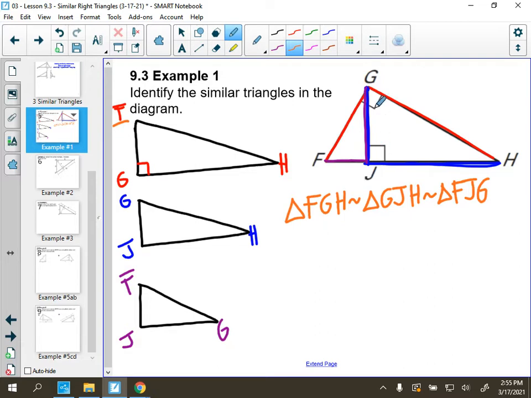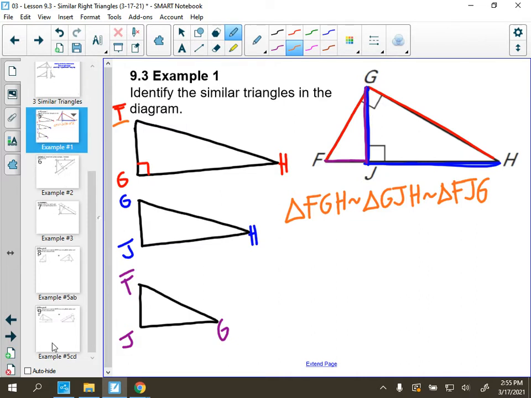This right angle J should line up with all the other right angles. On the medium-sized picture, J is the middle one. On the small one, J is also the right angle. On the big triangle, G is the right angle. So the middle letter should always be the right angle. Just for an example, I'm going through and saying how this should line up. It's a repeat of the skill we just looked at, to give you a chance to try it on your own.